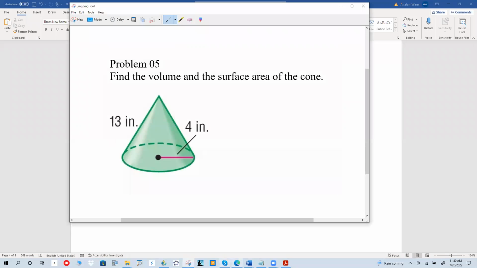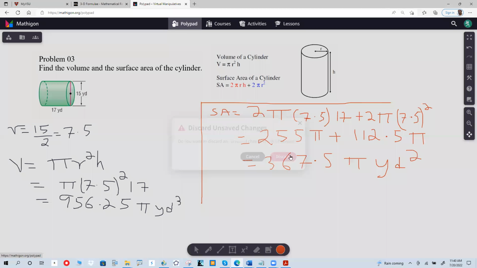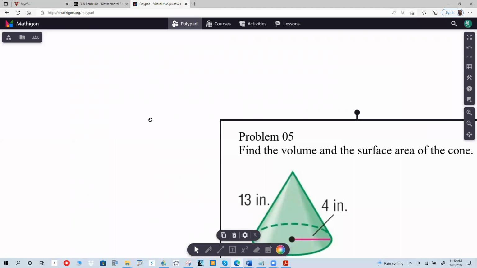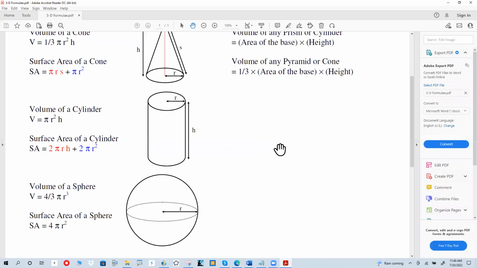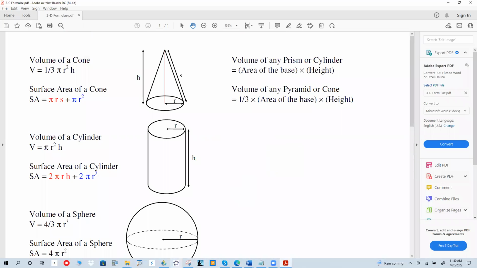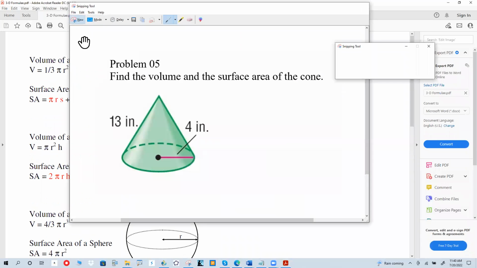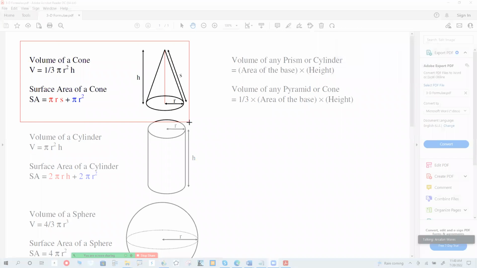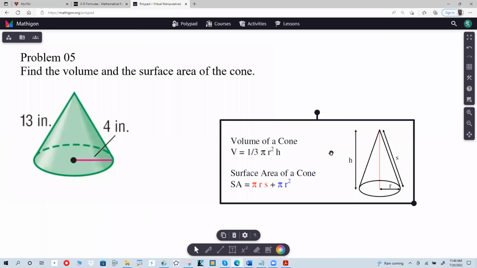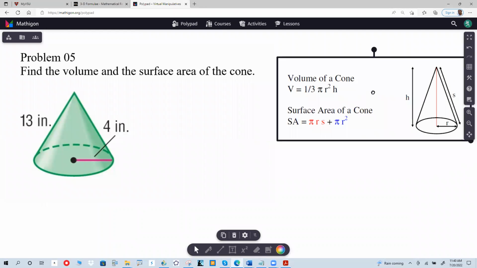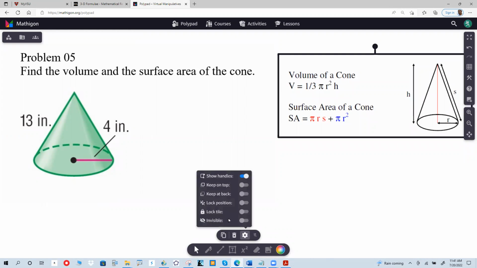So I'm going to take this, start a new page, and I'm going to bring my formula. I'm going to leave it here. It doesn't matter.